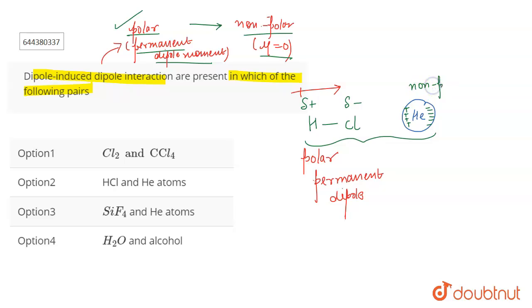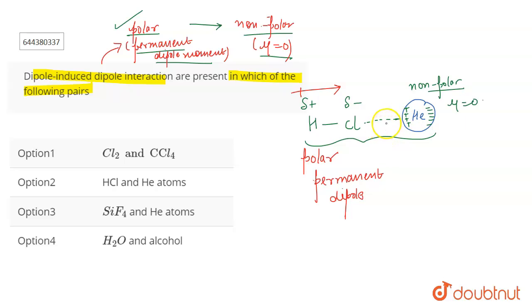This is a non-polar neutral atom which has no dipole whatsoever. So when this comes closer to HCl, a dipole is induced on this atom, it develops a positive charge and is attracted towards Cl, right? And that is how dipole-induced dipole interactions are developed between HCl and helium, right?